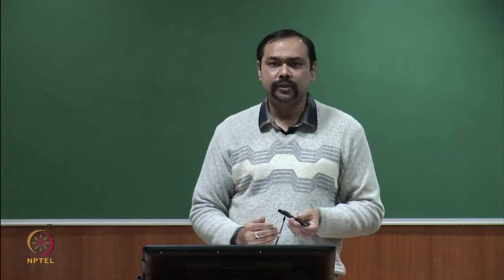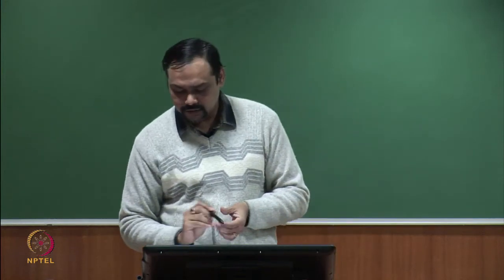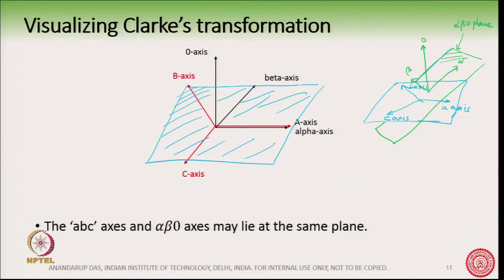In this alpha, beta plane, the alpha axis and beta axis are on that plane, while the 0 axis is perpendicular to that plane. That is what I have drawn here. This is the most general case.